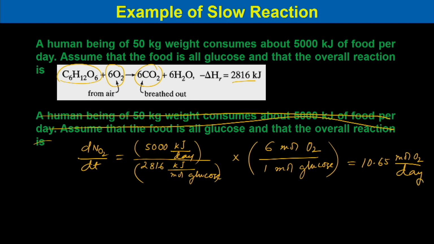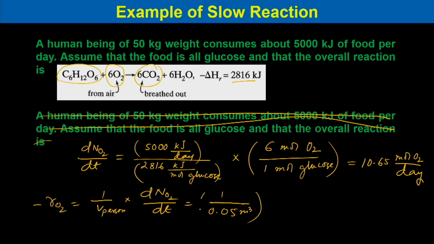Now, if we include this in the equation, that is minus R_O2 is equal to 1 by V person into dNO2/dt, we obtain 1 by 0.05 meter cube into 10.65 mole oxygen per day.